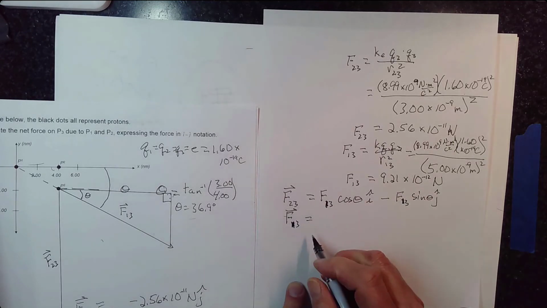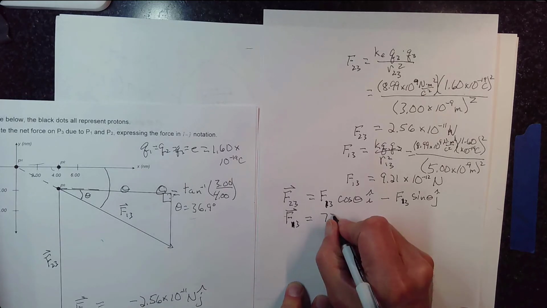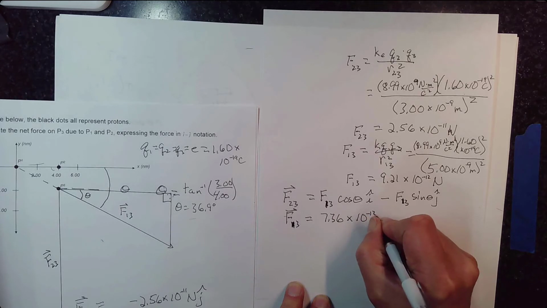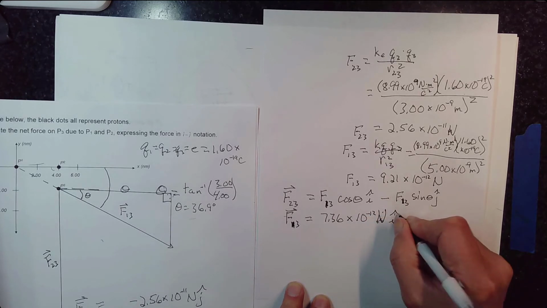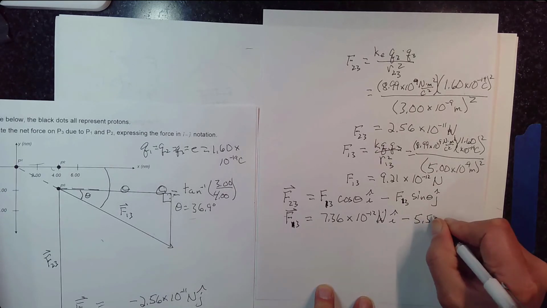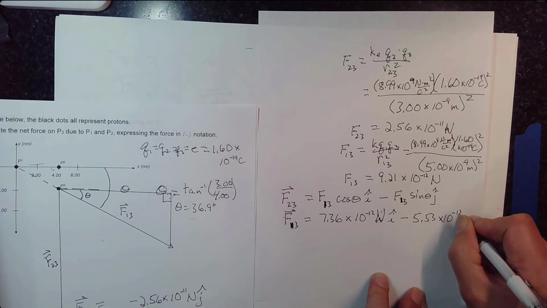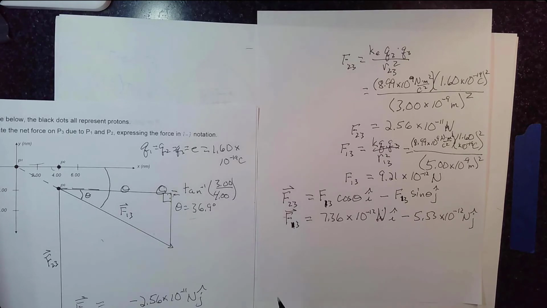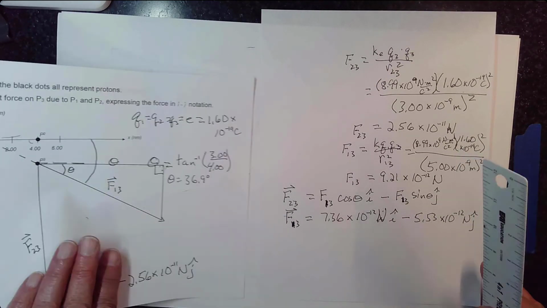Okay, F13 as a vector will equal 7.36 times 10 to the minus 12th newtons in the i hat direction, minus 5.53 times 10 to the minus 12th newtons in the j hat direction. And so I got that by just calculating these coefficients here.